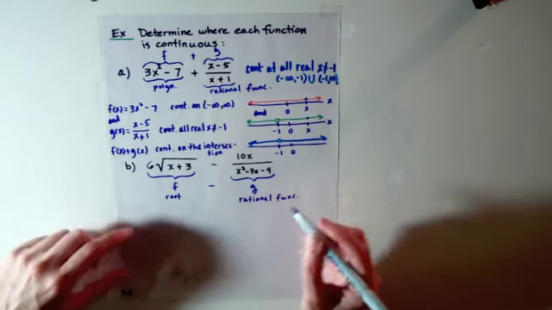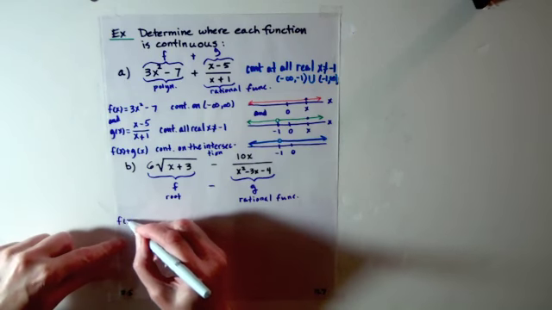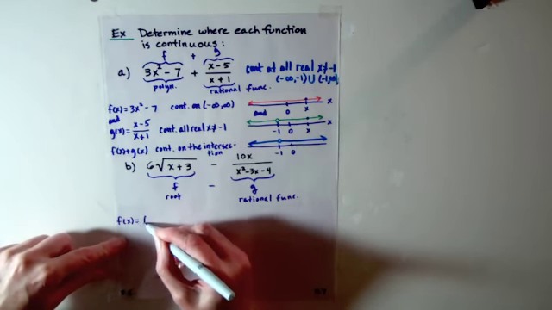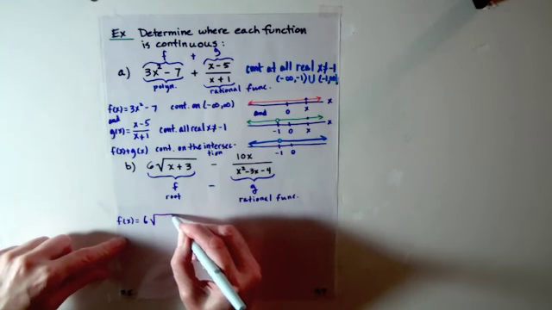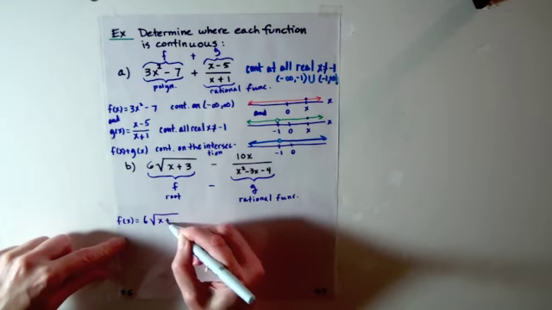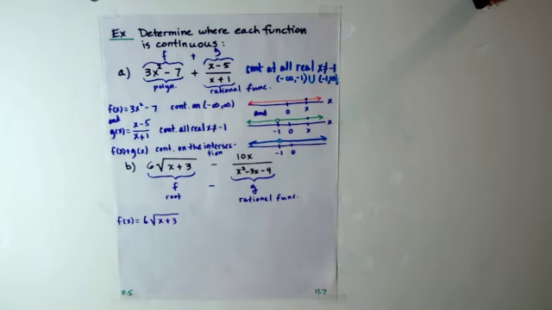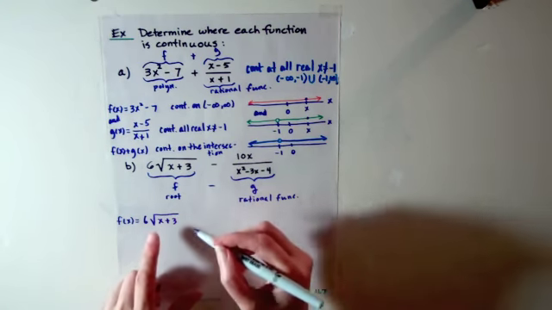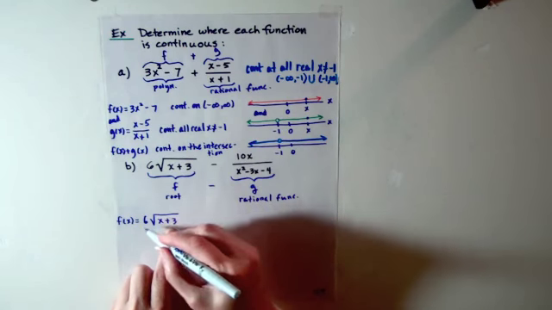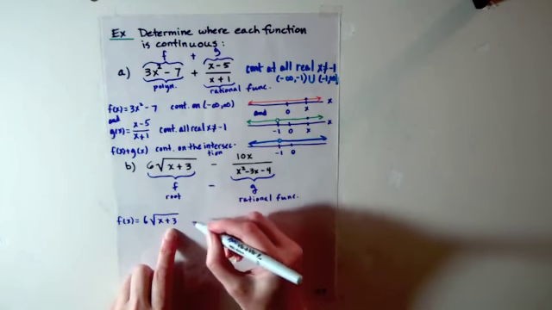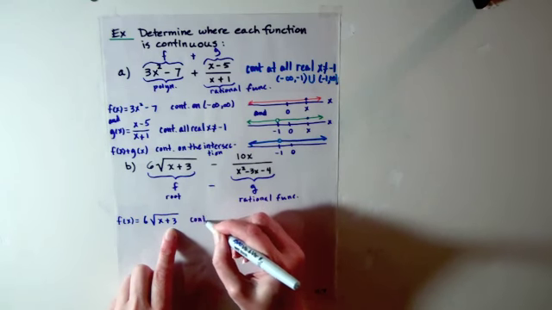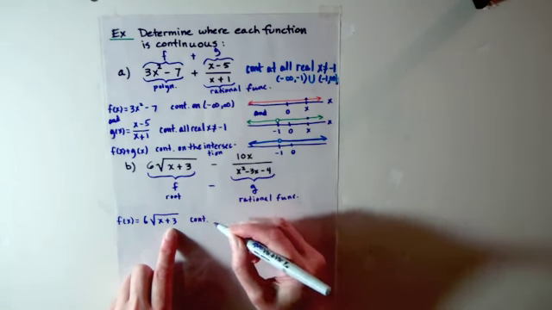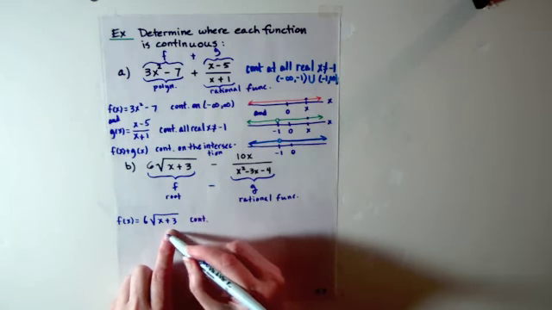So let's go ahead and think about f of x. It's a root function. And remember we said that a root function is continuous everywhere on its domain. So all we have to do is figure out what the domain of this function is to figure out where it's continuous. It'll be continuous everywhere that it's defined.